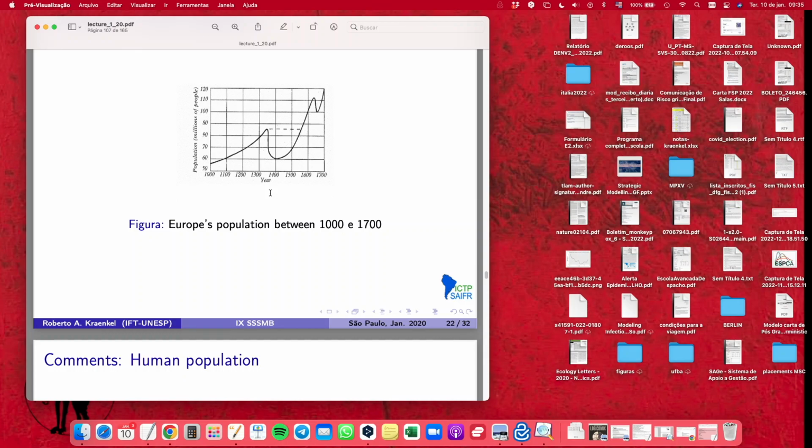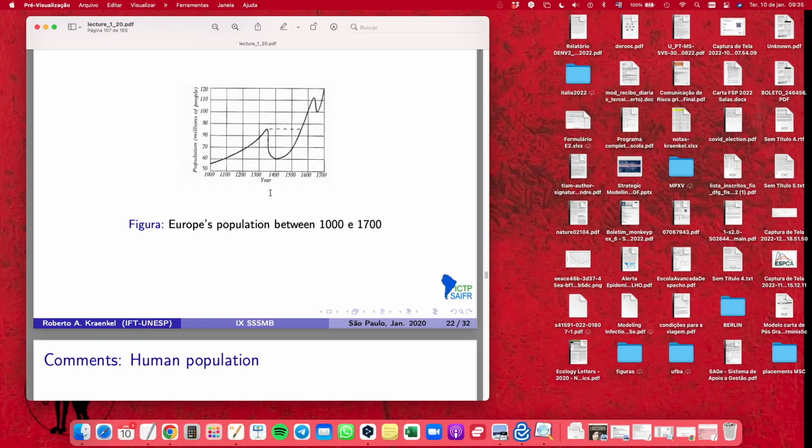Do you have a guess what happened here? Yeah, the black plague. So this is clearly a situation where you had human population increasing, and then comes the 14th century, which was a very dramatic century, not only because of plague, there was famine, it was a horrible century. In the middle of this century, you have a real decrease of the population due to the arrival of plague.